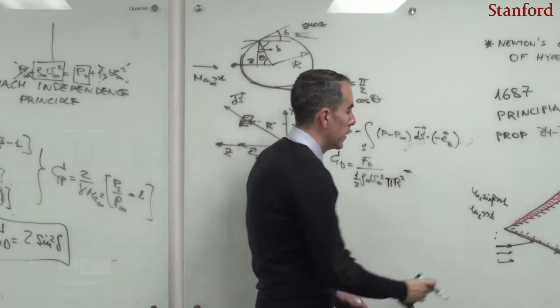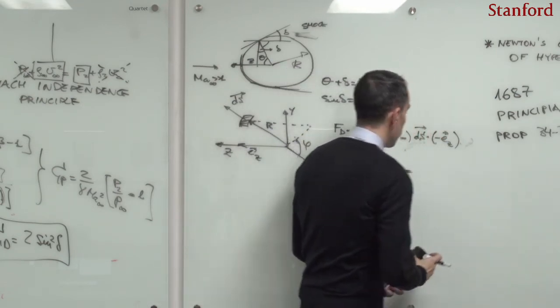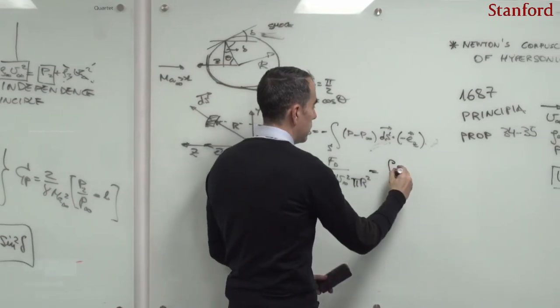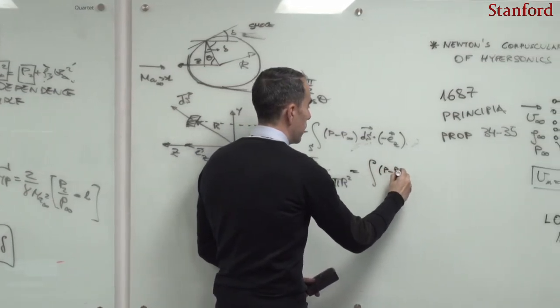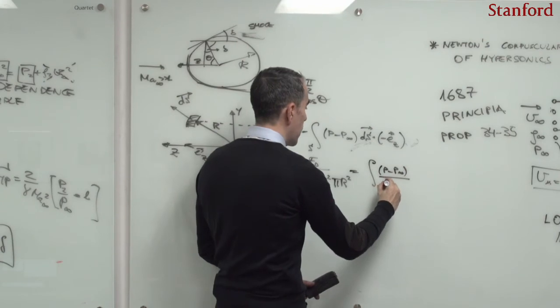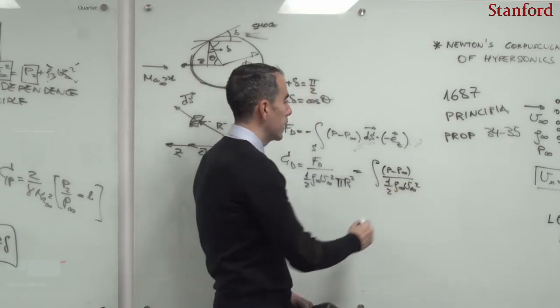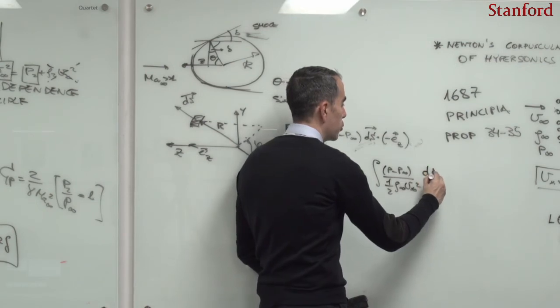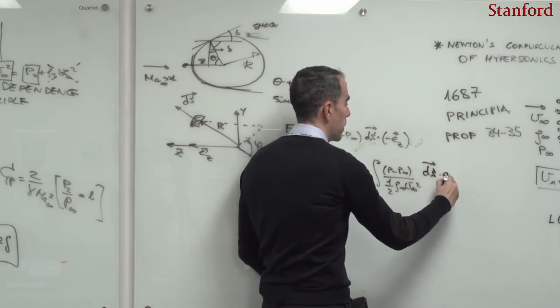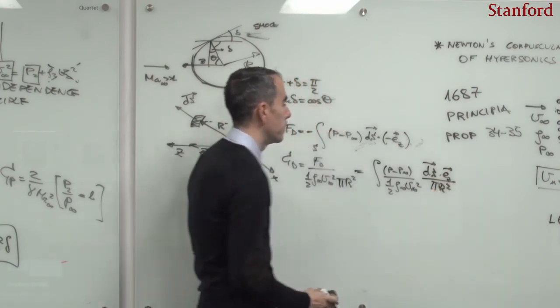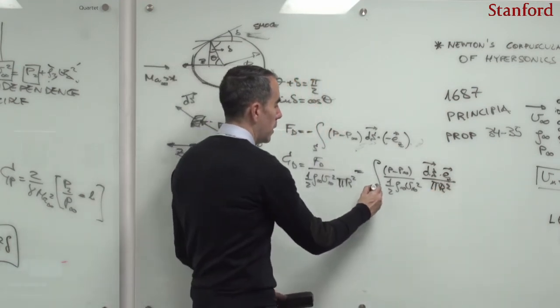So if I develop this, it is going to be equal to the integral of P minus P infinity divided by 1/2 of rho infinity u infinity square. And here we have the element of surface multiplied by the unit vector in the z direction and divided by pi r squared.